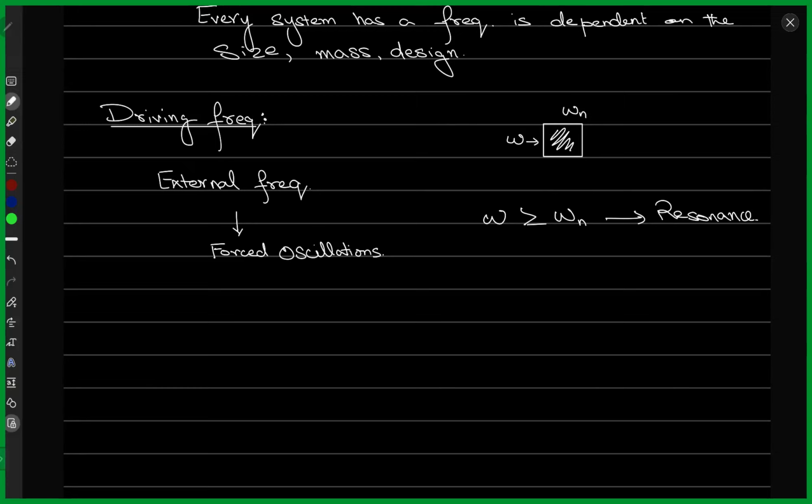And then you can solve the differential equation that I wrote last time. If you remember, it was m d square x by dt squared is equal to minus kx. We wrote this down when we started this chapter. Now for the forced oscillation, there is some external force, so I'll just add that external force in this differential equation.